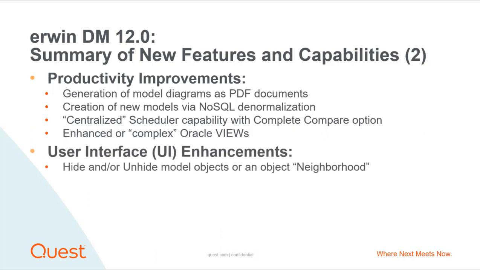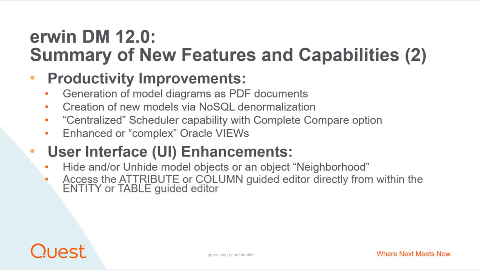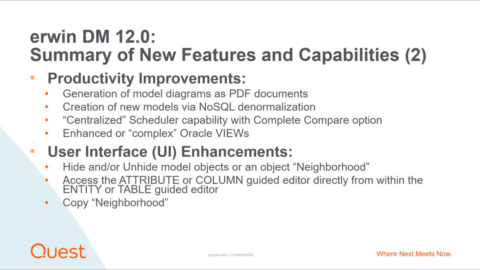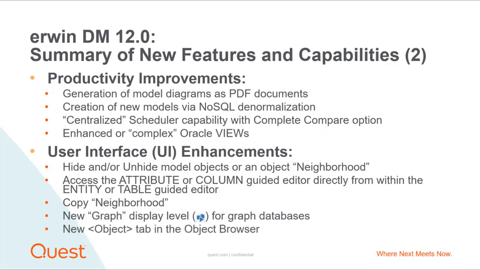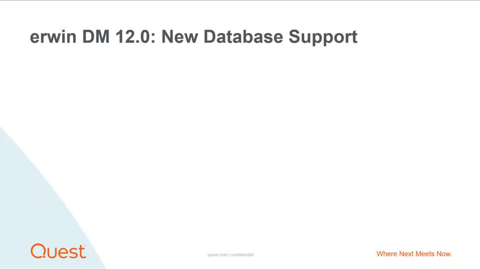User interface enhancements: hide and or unhide model object or an object neighborhood, access the attribute or column guided editor directly from within the entity or table guided editor, copy neighborhood, new graph display level for graph databases, new object tab in the object browser.